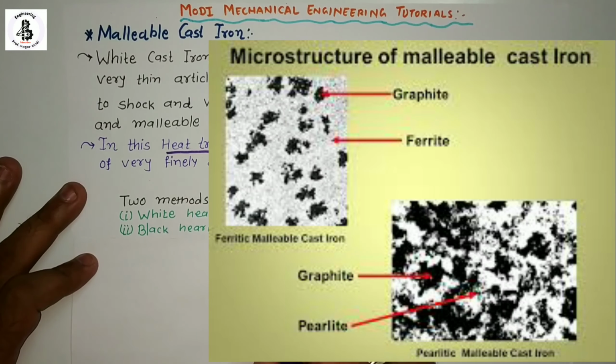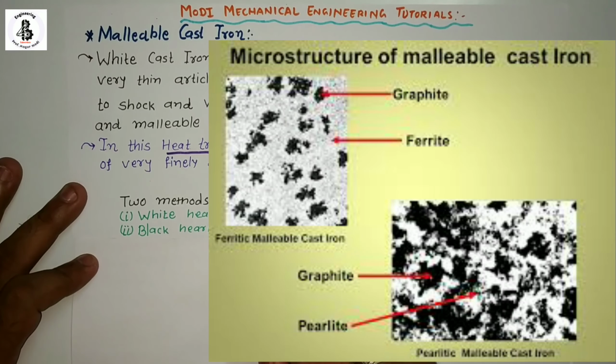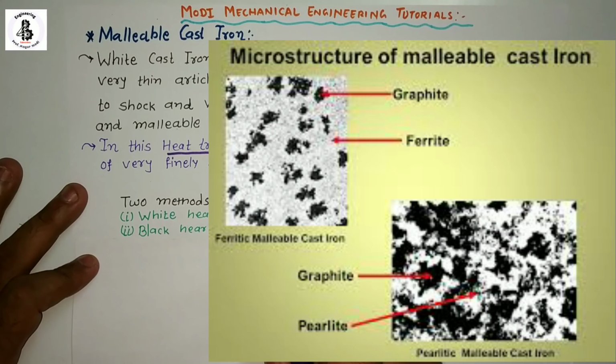The pearlitic matrix malleable cast irons are known as pearlitic malleable irons. This can be obtained by controlling the decomposition of the combined carbon of Fe3C, or cementite, which can be done by rapid cooling from 760 degrees centigrade to room temperature.